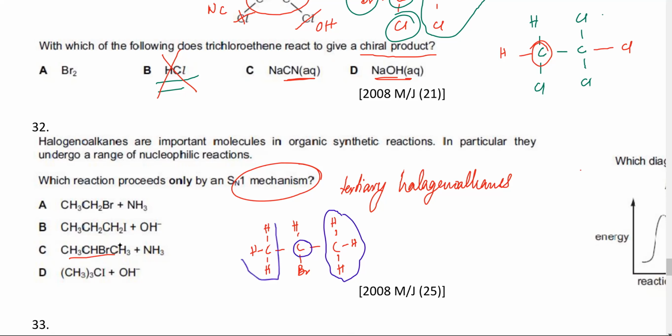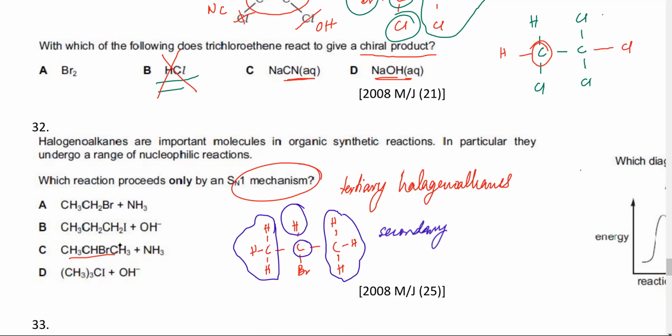One carbon chain on this side, one carbon chain on this side, and on the third side there's a hydrogen. तो क्या होगा, is this primary, secondary or tertiary? If it's attached to 2 carbon chains, secondary. ठीक है, so this one is secondary.